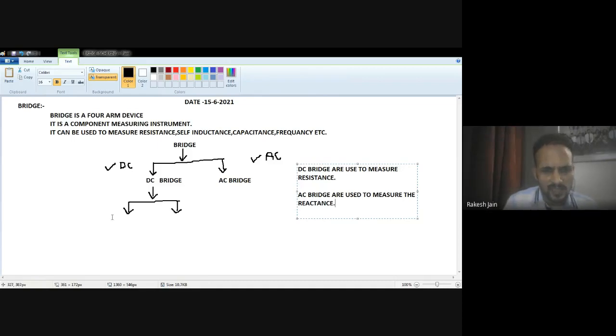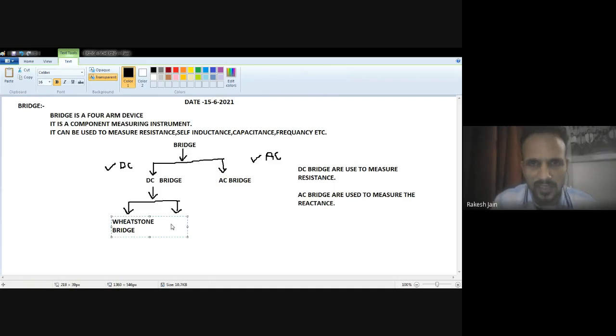The DC bridges can be categorized as Wheatstone bridge to measure the resistance, and Kelvin bridge. Meter bridge is also a type of Wheatstone bridge, used to measure the resistance of an unknown wire. That's why I do not write it down as a separate category, but meter bridge is also a category.